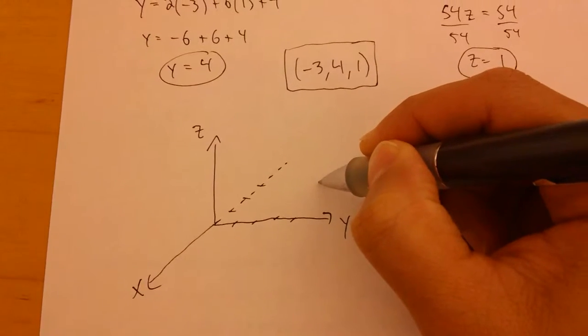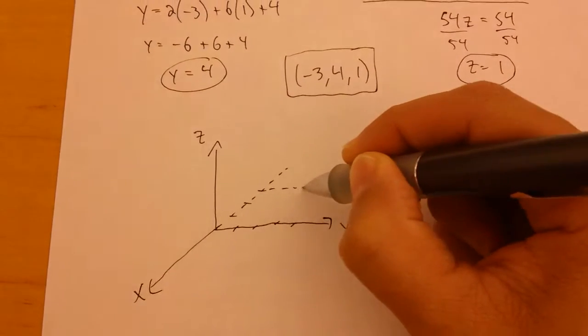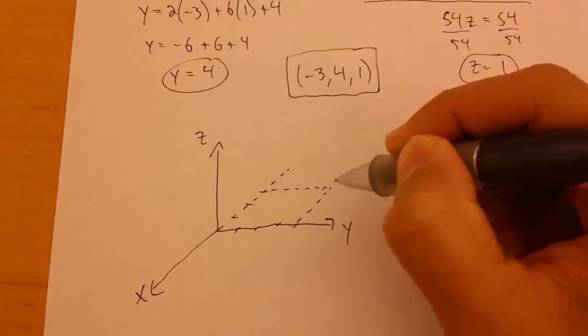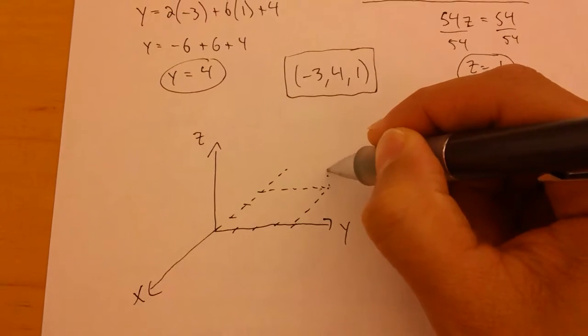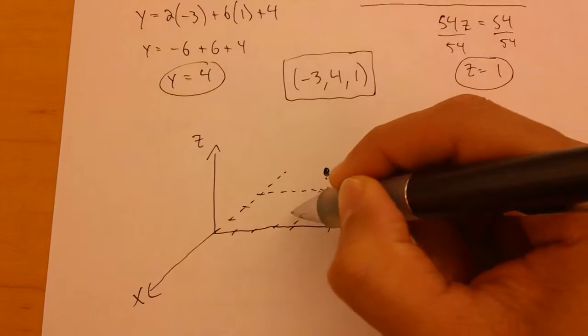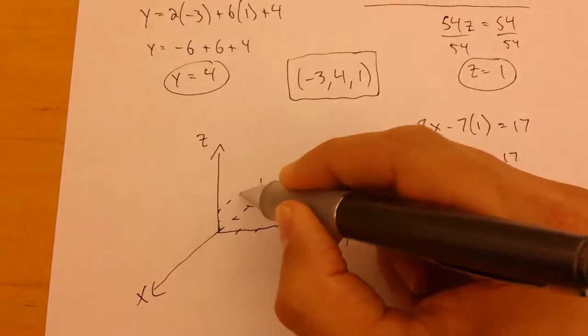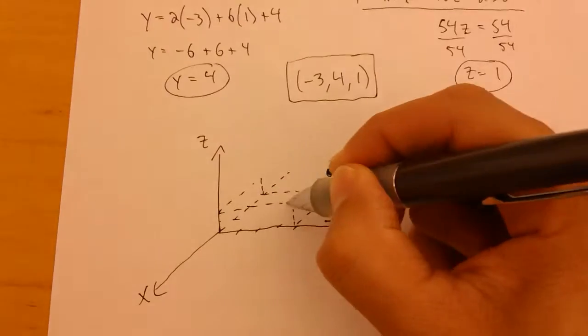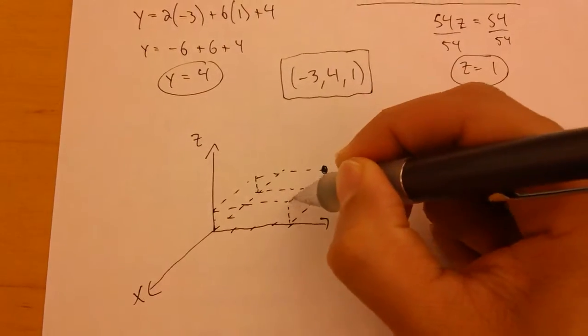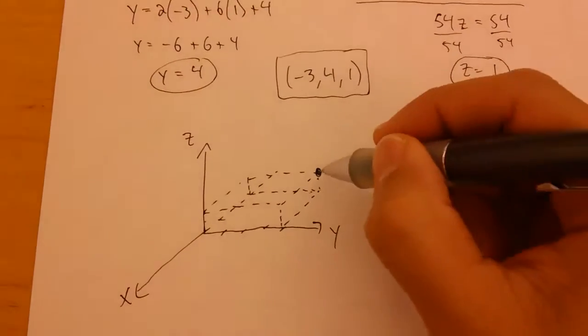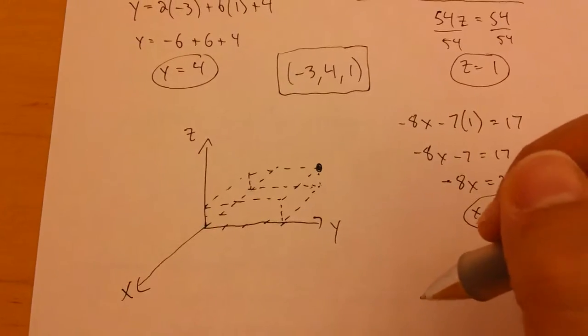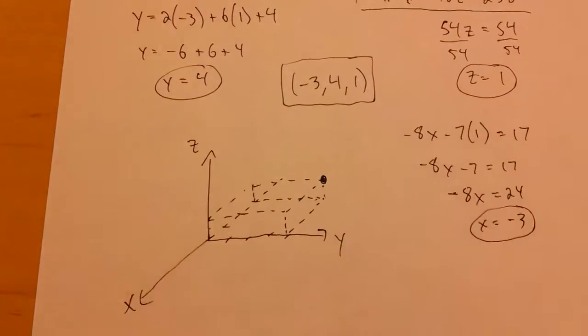So my parallelogram is going to be somewhere over here. And then from here, I'm going to go up 1, up 1 from here, up 1 along there. Go across, put the top of my box on there. And there it is in the back right top corner. That's where my point, negative 3, 4, 1 is going to be.